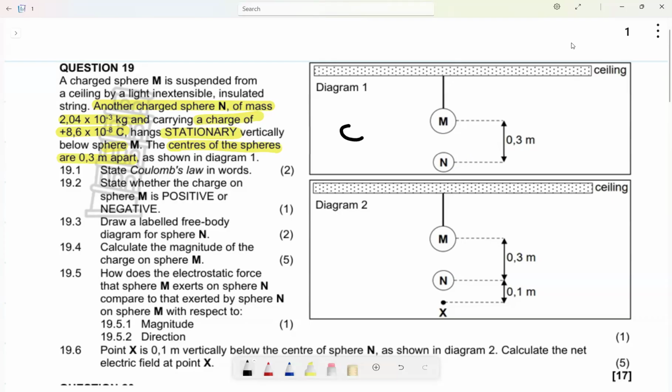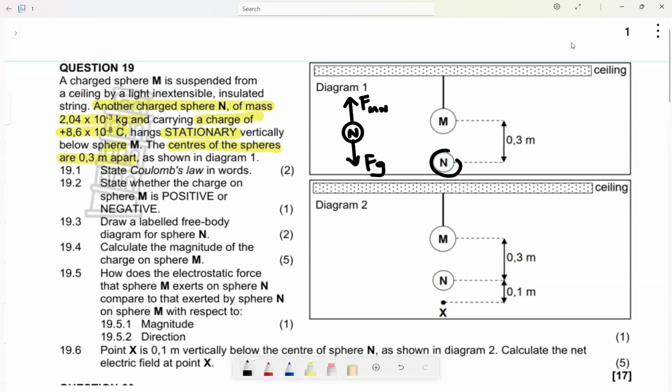N will experience a weight force, Fg. So what causes it to be stationary? It should be the electrostatic force they exert on each other. This is the force that M exerts on N, causing N to move upwards, and N also pulls M downwards. So they have electrostatic force like that.